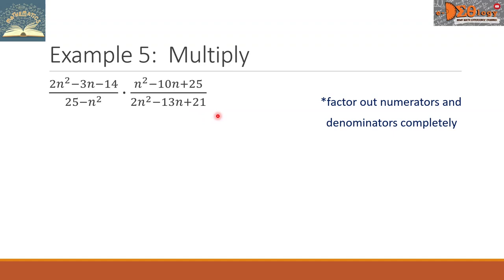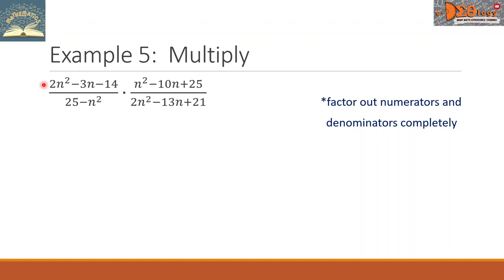Let us factor out numerators and denominators completely. We can see that we have trinomials in the numerator here, another trinomial here, and another trinomial here. I'm going to put the link about factoring of trinomials in the description of this video. And we have here the difference of two perfect squares.